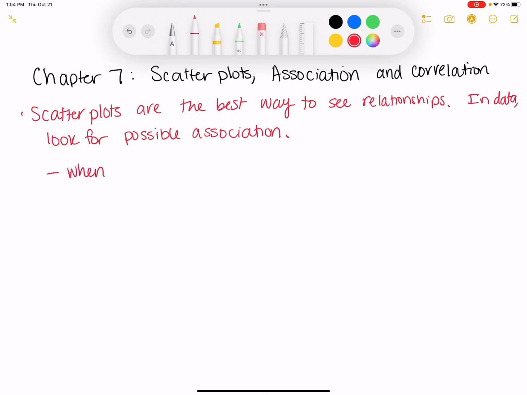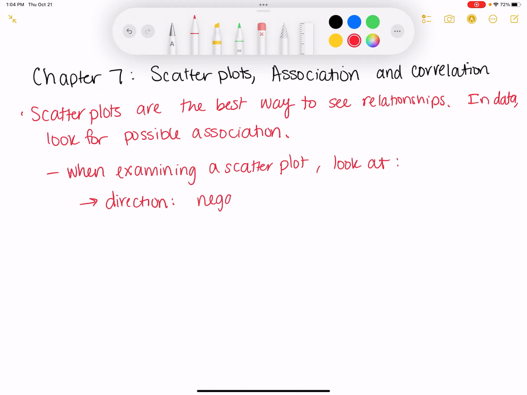When examining a scatter plot, look at direction. Okay, if it's negative or positive.